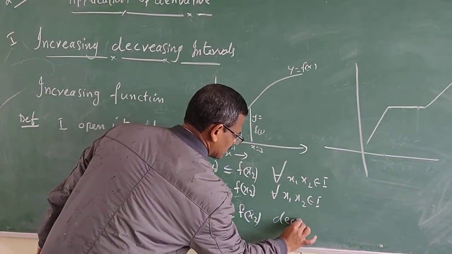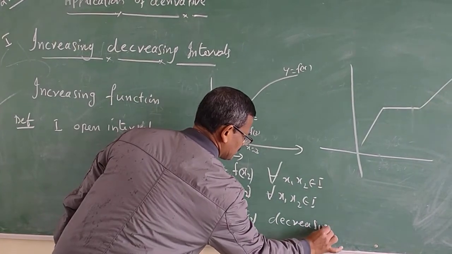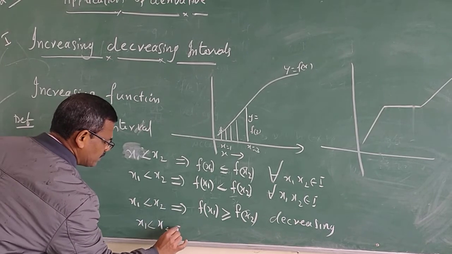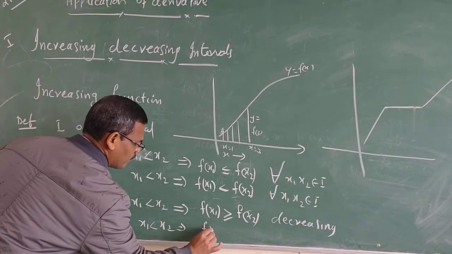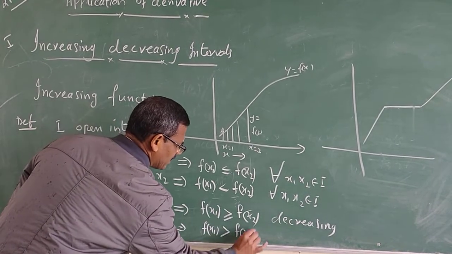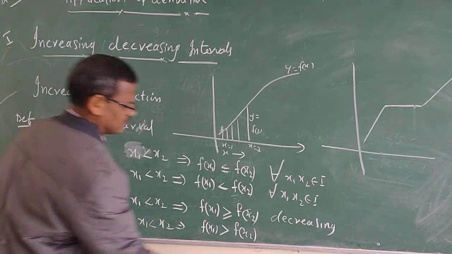And in the same way, x1 less than x2 implies f of x1 is greater than f of x2, we call it strictly decreasing.